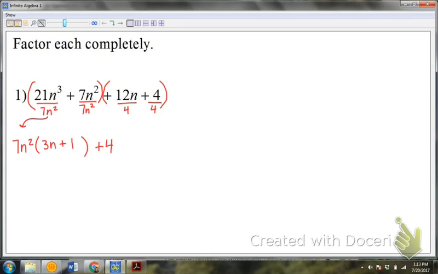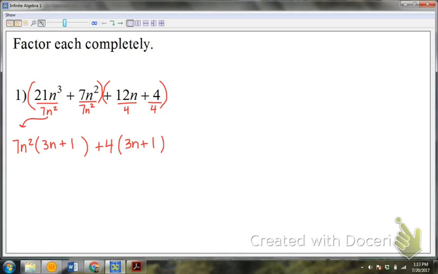We put the 4 over here. It's a positive 4, so we need to put plus 4. And what's left in our parentheses? 12n divided by 4 is 3n, plus 1.